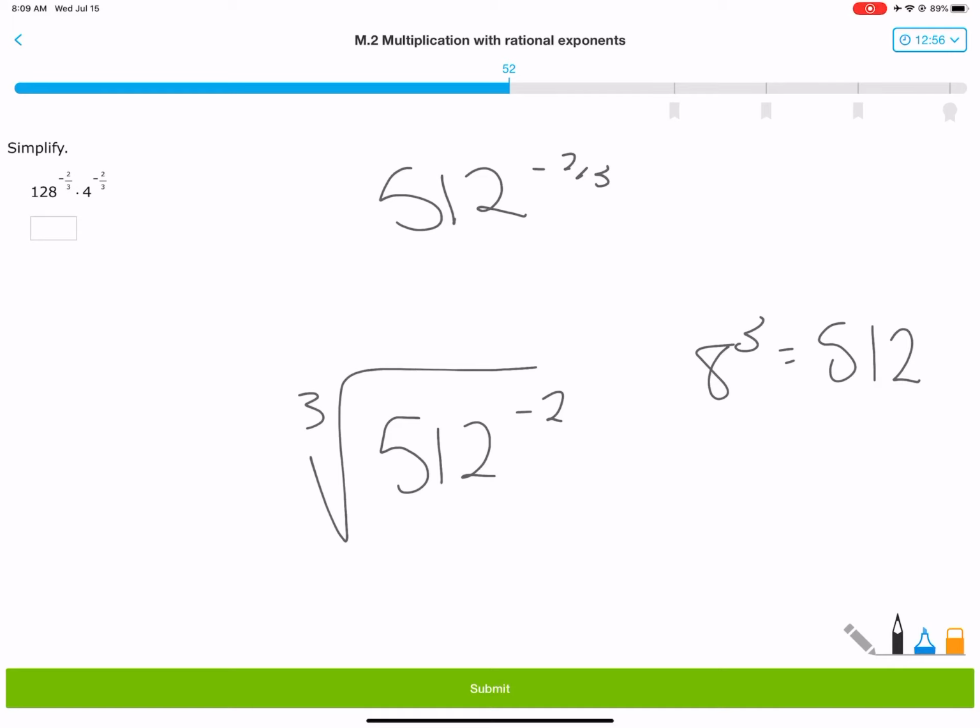So the third root of 512 is 8. So 8 to the negative 2nd power is the same thing as 1/8 to the 2nd power. So we have that negative sign and it flips it over. So now we're left with 1/64.